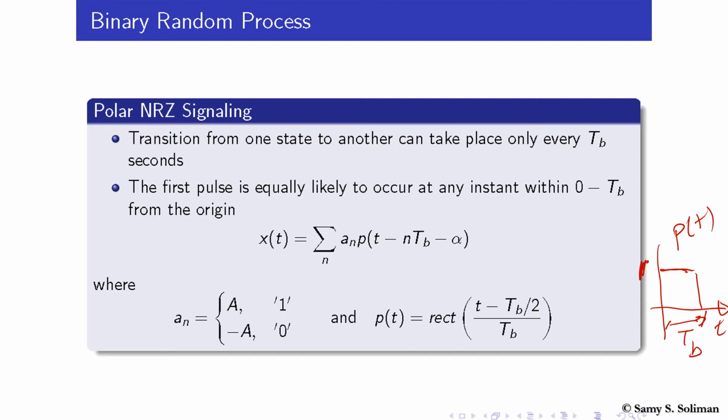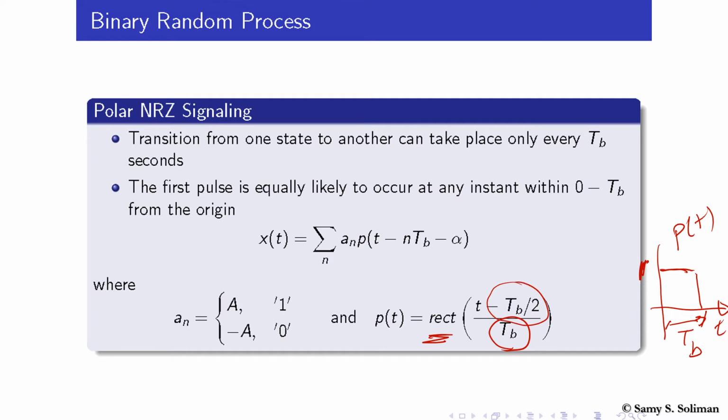Of course, this signal can be expressed as a time domain function as a rectangular function with width TB. Our conventional rectangular function is centered around the origin, however, this one is not centered around the origin. It is rather shifted from the origin by TB over 2. So we have such a term here which indicates this time shift.